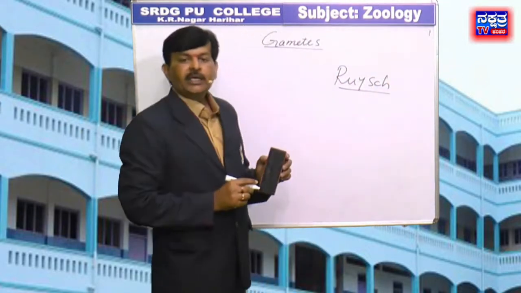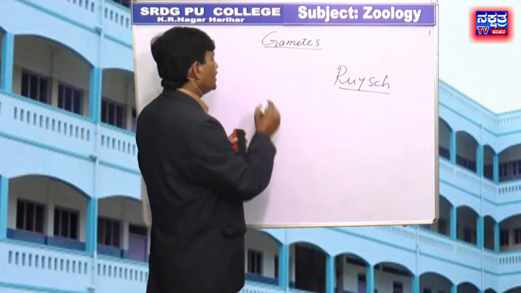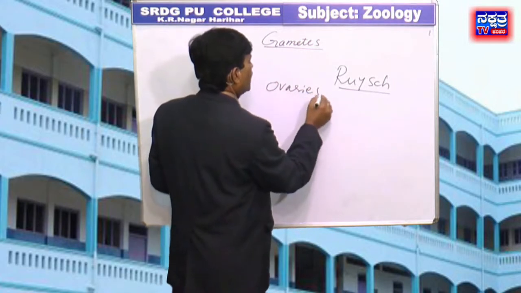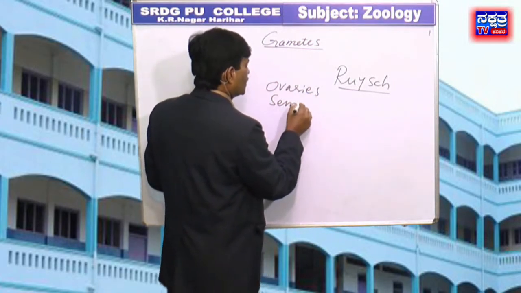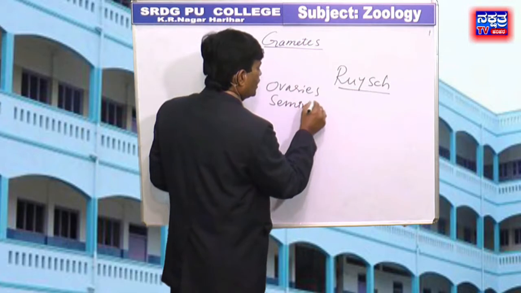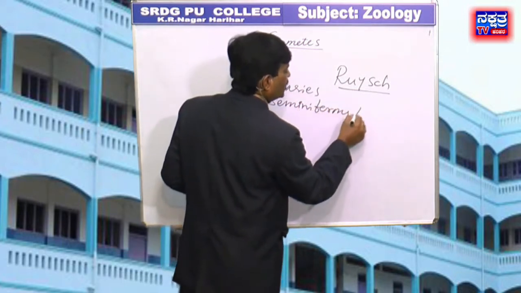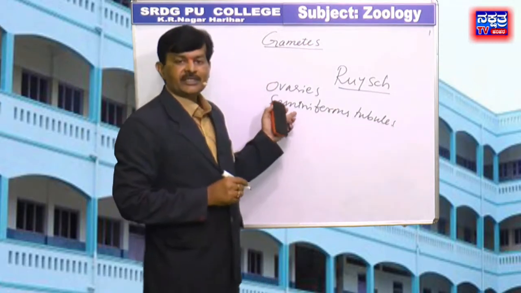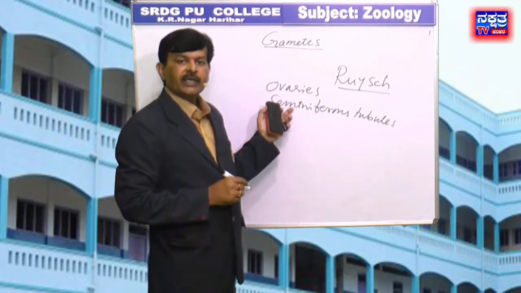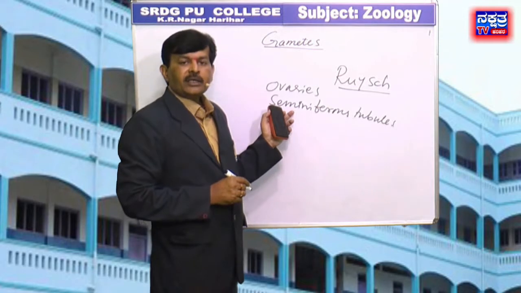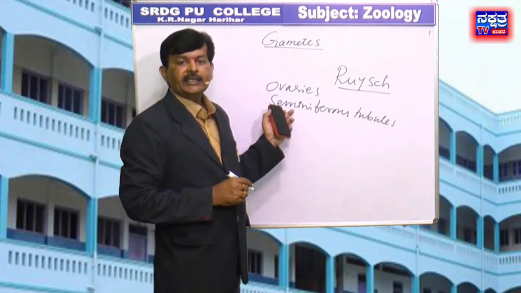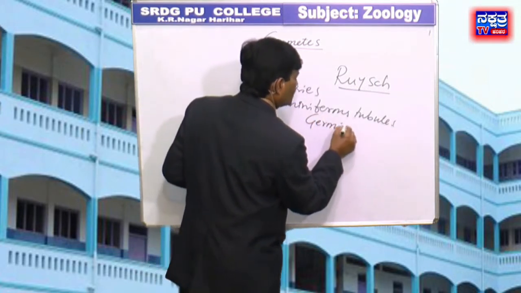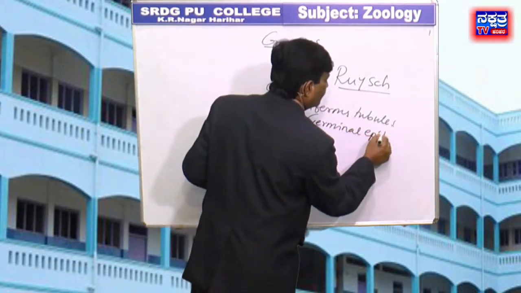In ovaries and seminiferous tubules, which are found in the testis, inside the testis within locules, are covered by a layer that is called the germinal epithelium.